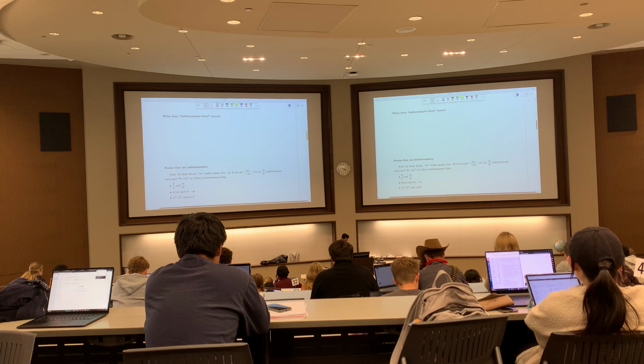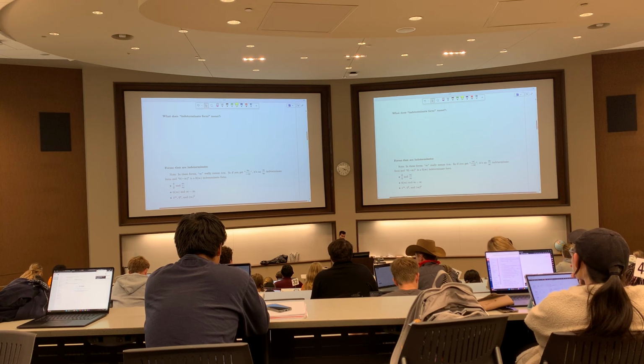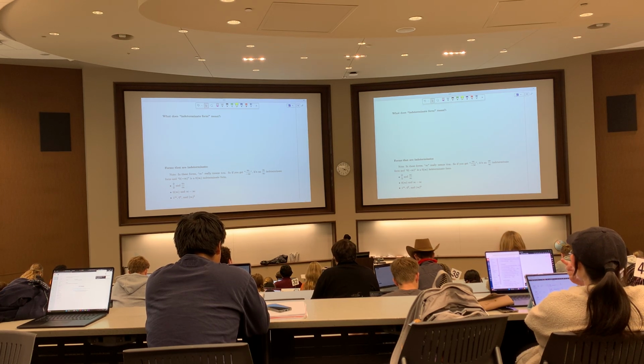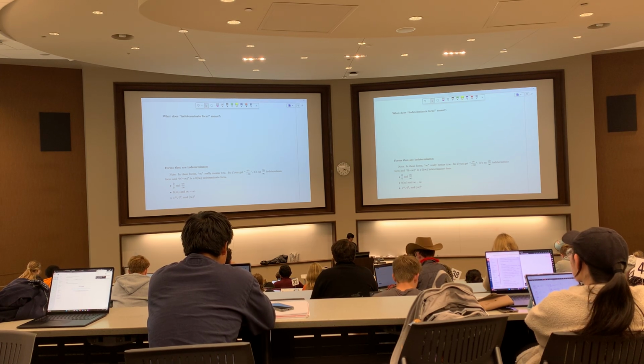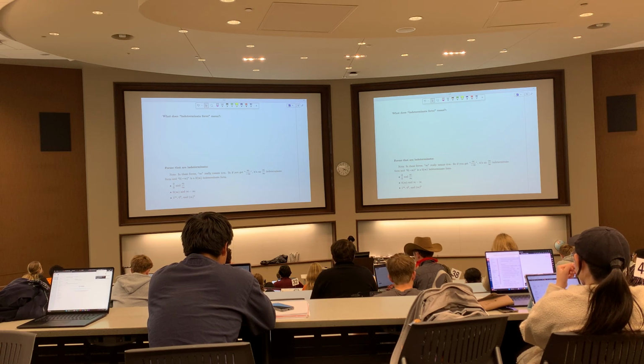So we'll be using them as we solve more problems, and we'll also see them graphically. Now, what does indeterminate form mean? Let's try to find that out. Let me write it first.